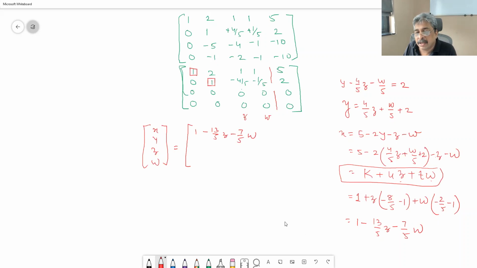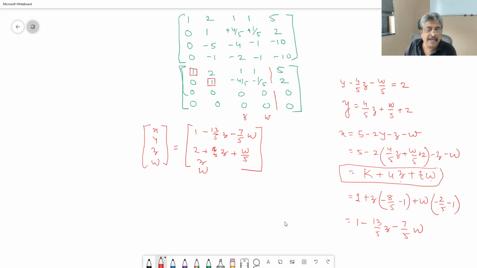Y is equal to 2 plus 4 by 5z plus w by 5. Z is equal to z, w is equal to w. This is the solution set.